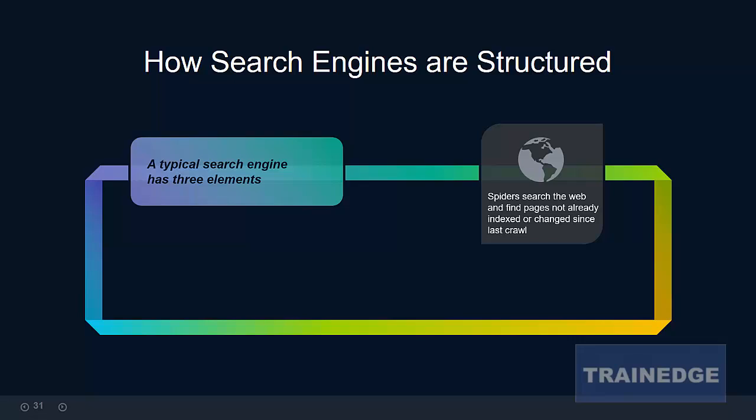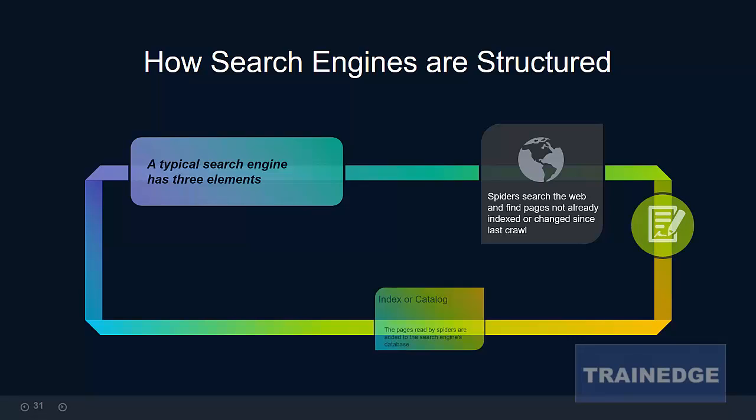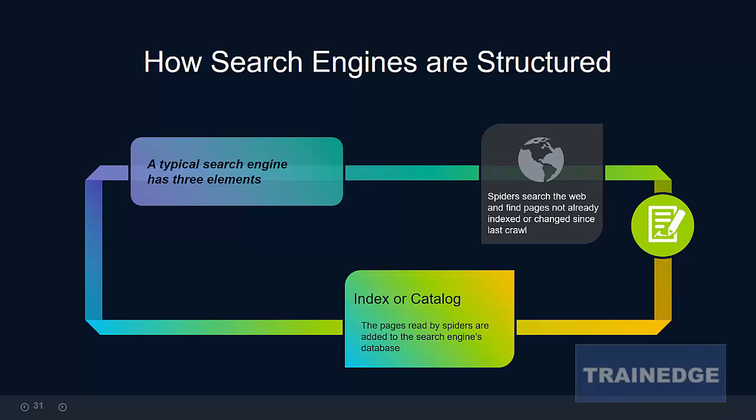Now, if you add a new page or you update an existing page, on the next visit, the bot will look for the changes and find the pages which have changed since last time it crawled the site or new pages that have been added since then. Once it finds those pages, it is going to put all this information in the database.